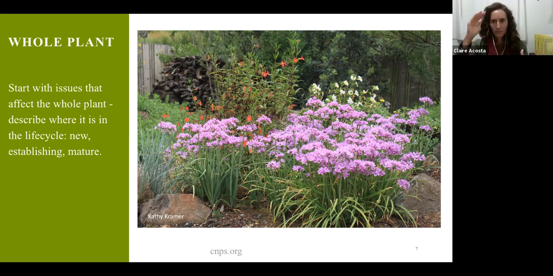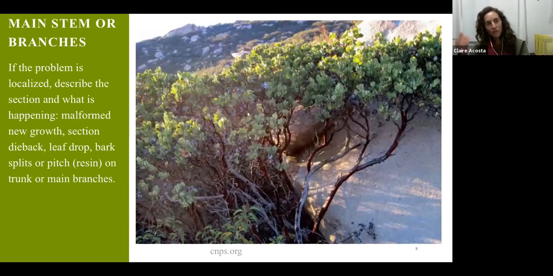The next priority would be moving down to the main stem or the branches. If the problem's more localized, describe the section and what's happening. Is it malformed new growth? Is it leaf drop? Is it bark splitting, or is there resin coming out? In this example, this is an Arctostaphylos, which commonly has branch dieback problems.